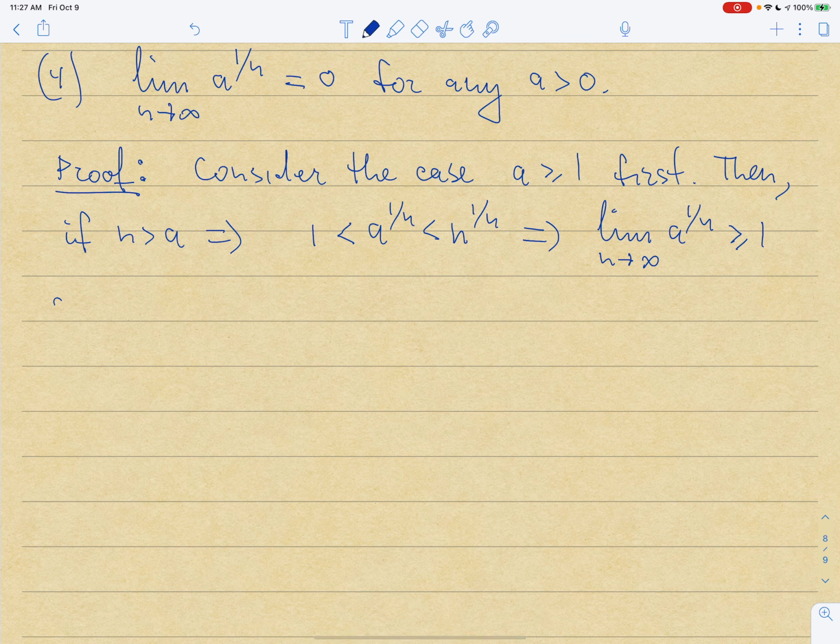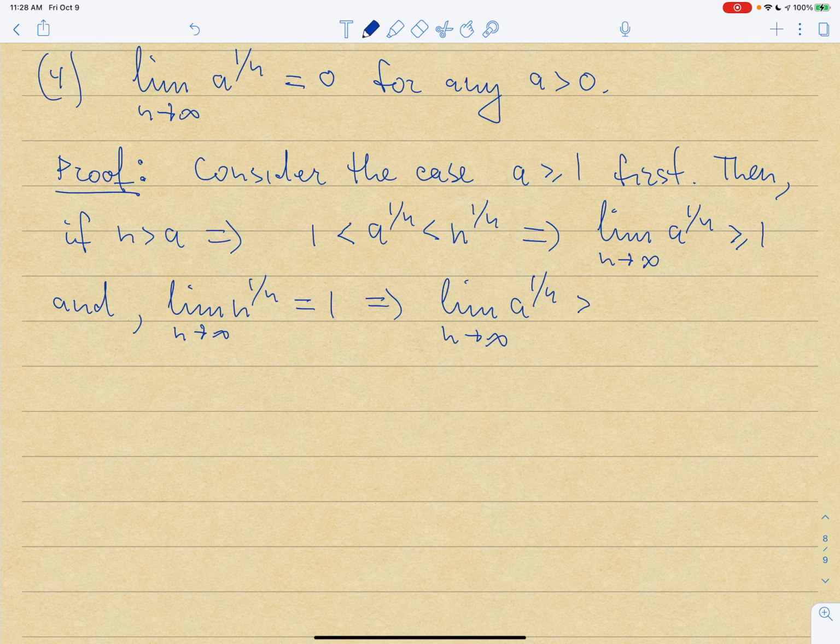And because the limit as n goes to infinity of n to the power 1 over n is equal to 1, this would imply that the limit of a to the power 1 over n also should be less than or equal to 1.